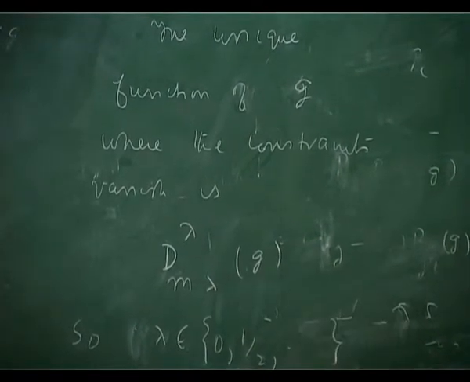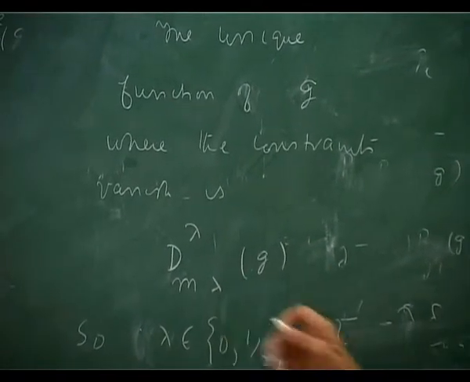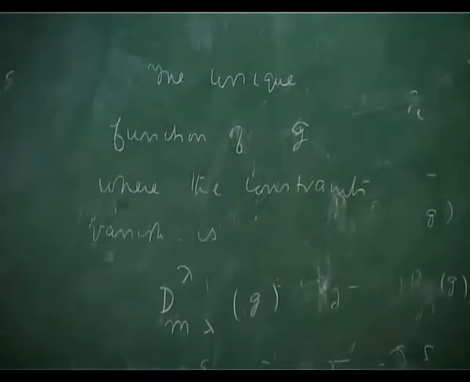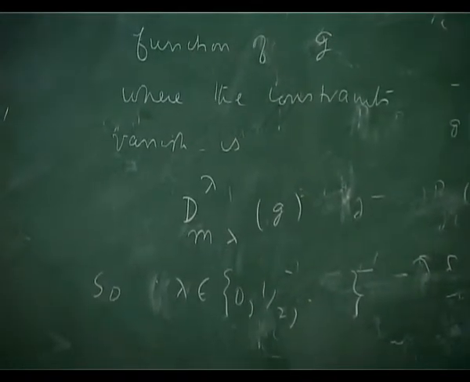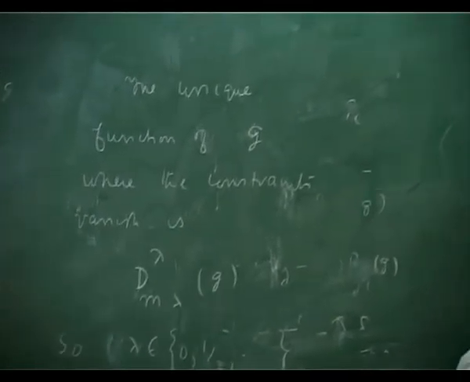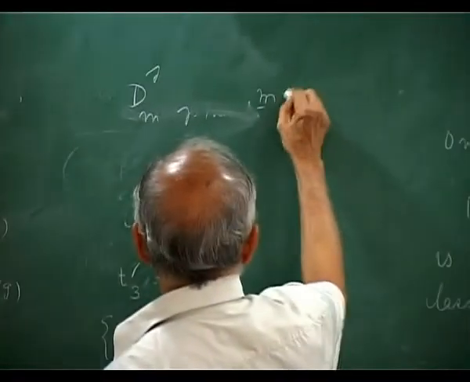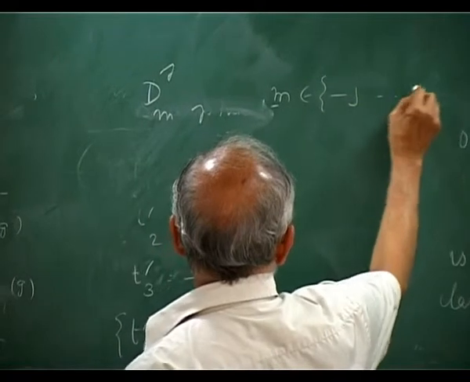Okay. So the wave function is simply of the form D^j_{m lambda}, where m is going from minus j to plus j.